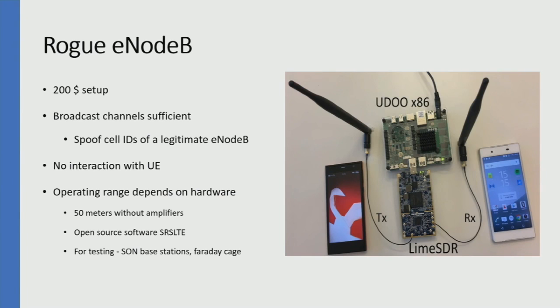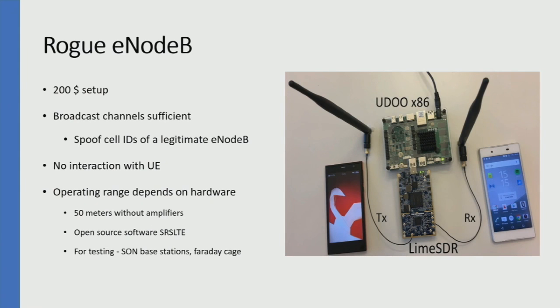So we made a setup, because in this case we operated a rogue base station, but we really didn't have to operate a full-fledged base station. It was sufficient to transmit just one broadcast channel. So it was okay to use a device called LimeSDR. I think most of you know this one.